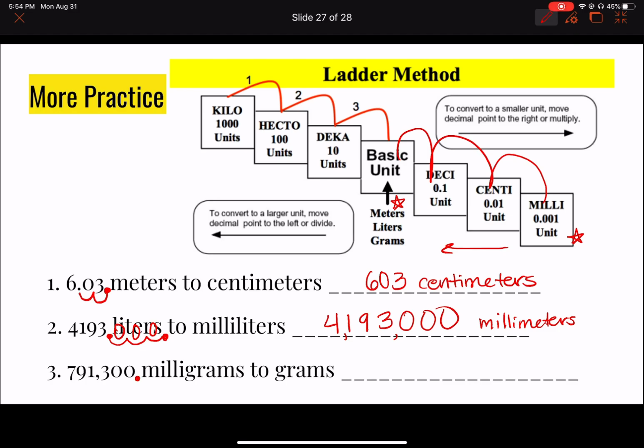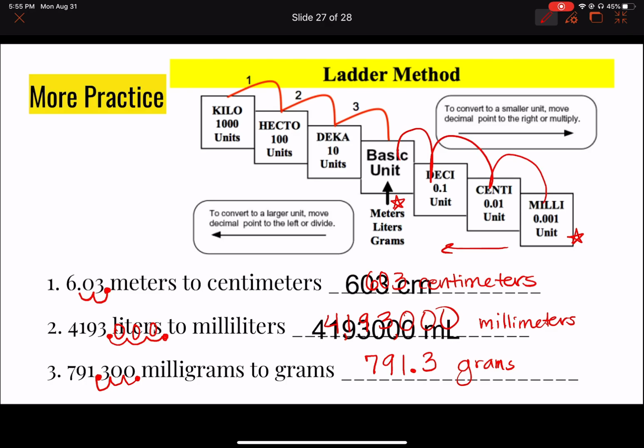So your decimal point is going to be here at the end, and then we're going to the left this time. We go 1, 2, 3, and it just so happens to land where that comma is. So our answer would be 791.3 grams. We don't need those zeros there anymore. 791.3 grams. And that's it.